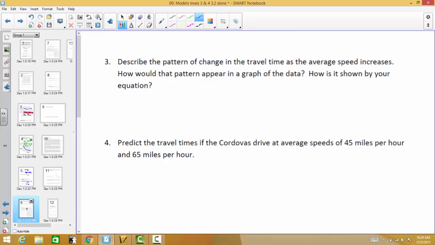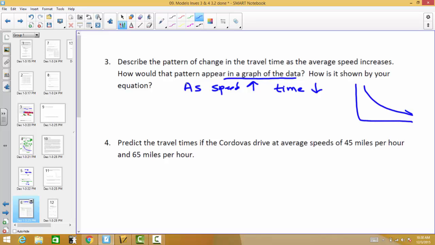So as the speed increases, the time it takes to get there decreases. So in a graph, that's going to look like this. So as x goes up, y goes down.